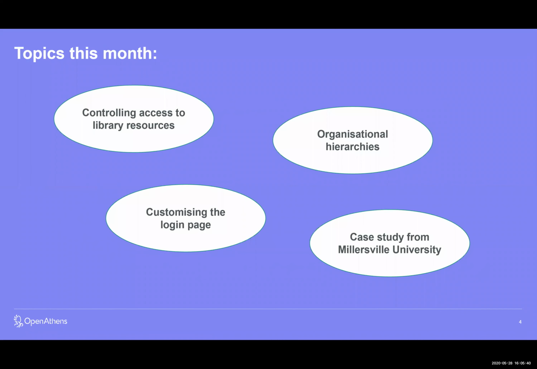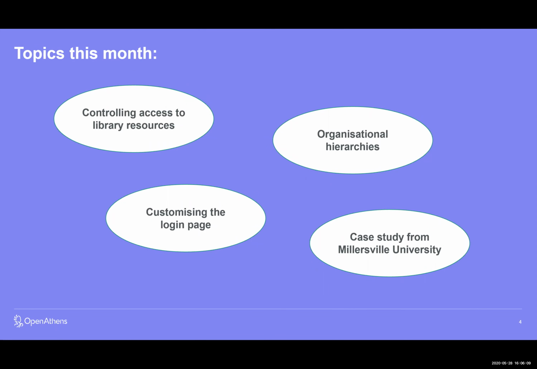So a few of the topics that we're going to cover mainly this month, based on the recommendations from you guys in the last webinar, is we're going to first focus on controlling access to library resources and what this means and how you achieve this. And that will lead into organizational hierarchies, how these work, and how you can then customize a login page based on the structure of your organization.